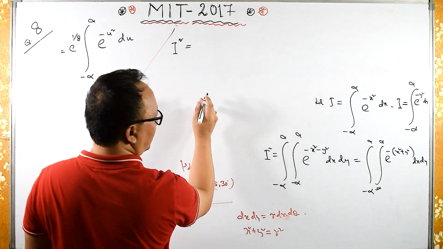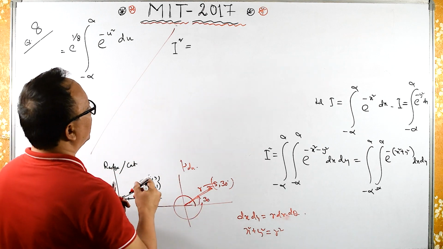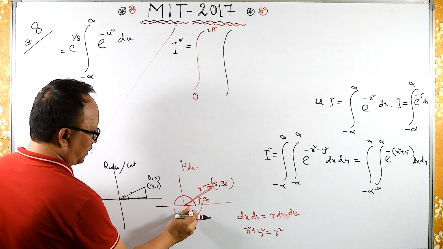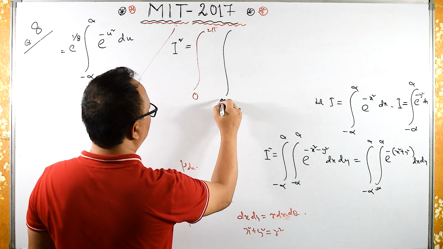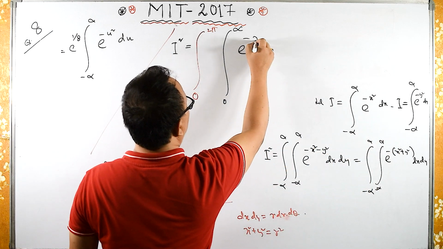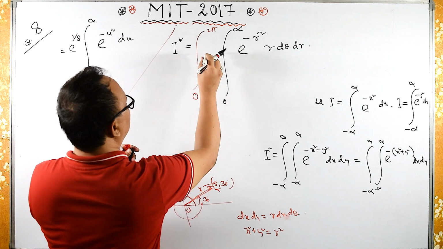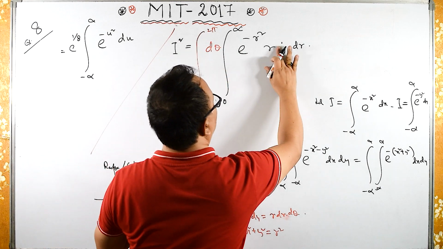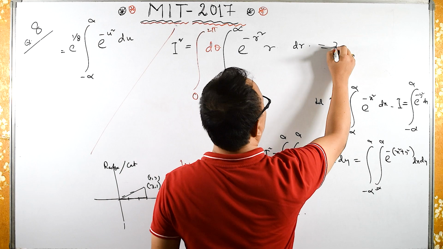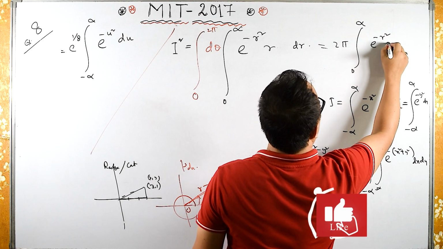Therefore I square equals the integral where theta goes from 0 to 2 pi and r goes from 0 to infinity, of e raised to minus r square, r d theta dr. The d theta I can send over here, so we have only 2 pi: 2 pi times the integral from 0 to infinity of e raised to minus r square, r dr.